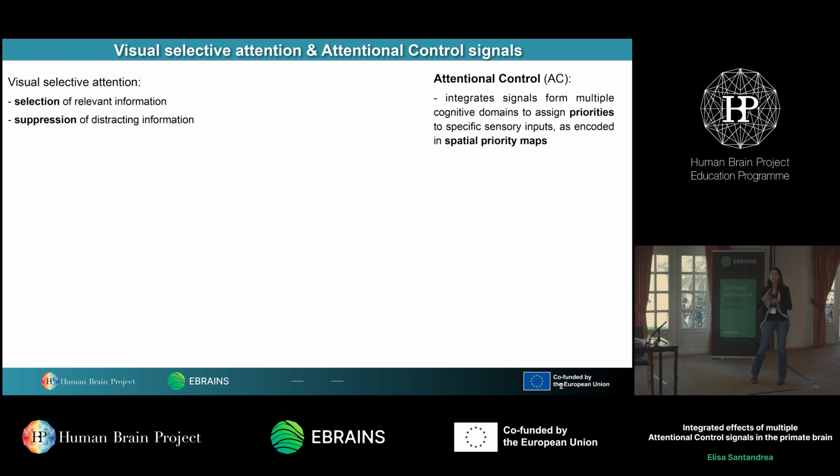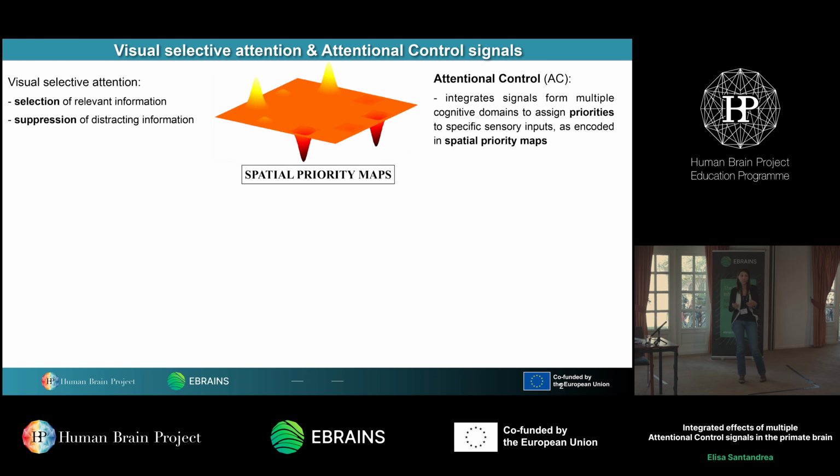And there is a huge system in the brain controlling all the signals that can affect attentional control. Those signals come from very different cognitive domains and can contribute to a computation of attentional priority, which is then encoded in the so-called spatial priority maps.